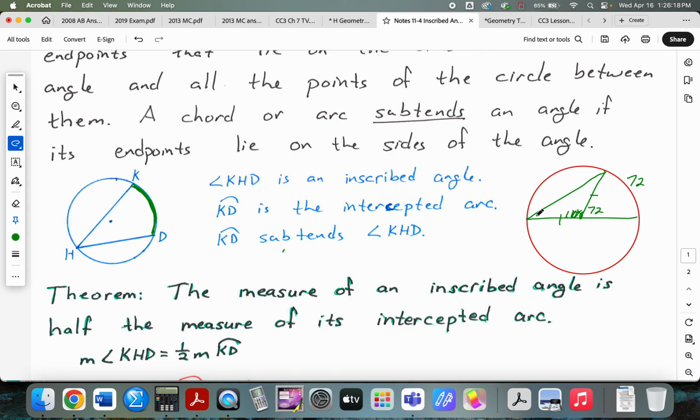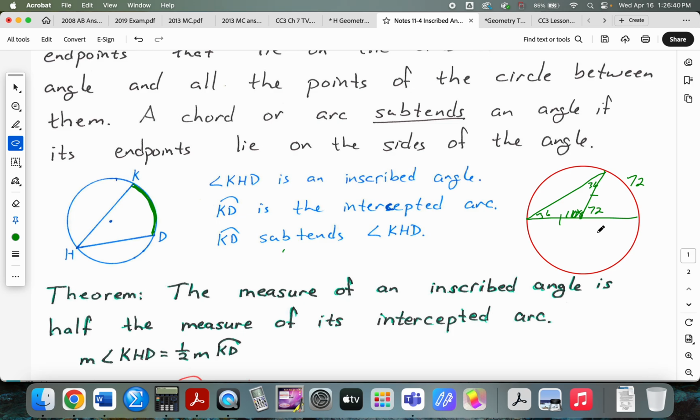Split in half is 36. This inscribed angle is half the measure of its arc. It always works out that way. Now, proving it when you don't have a diameter is ugly. I picked the easy one to prove it to you by.